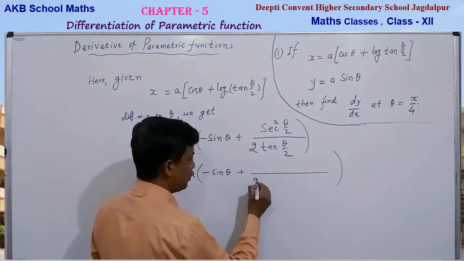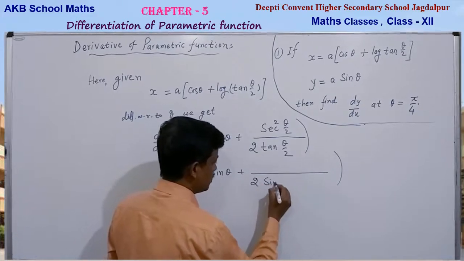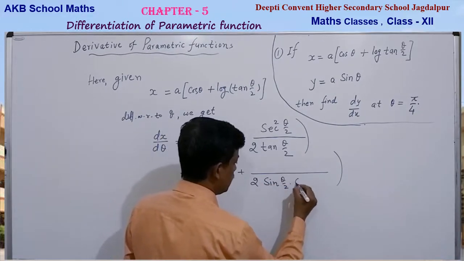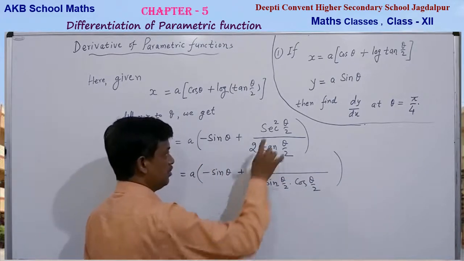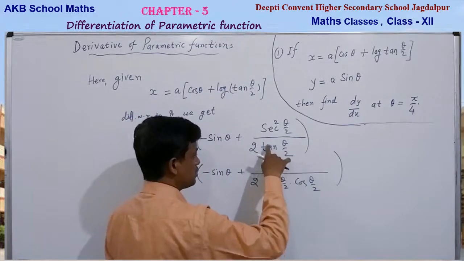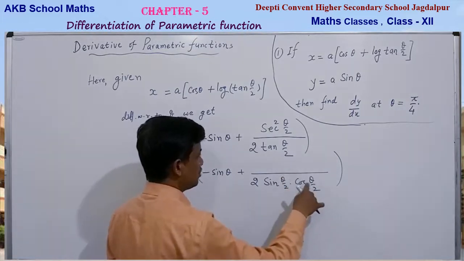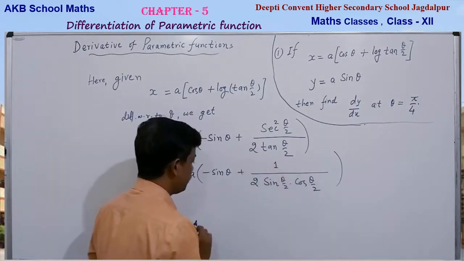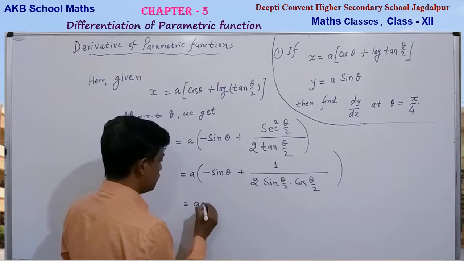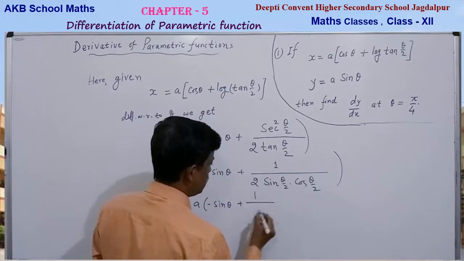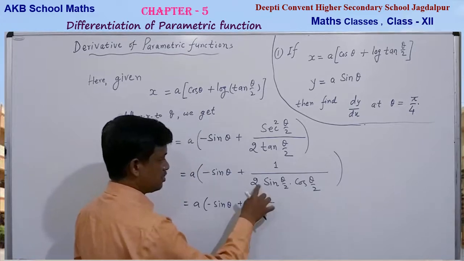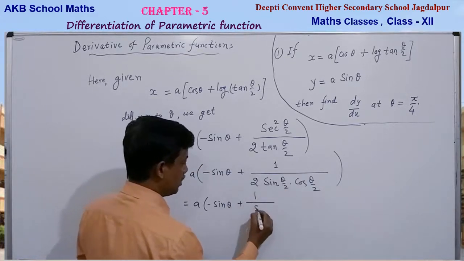So we have sin theta by 2 and cos theta by 2. So simplifying this, minus sin theta plus 1 upon 2 sin theta by 2 cos theta by 2, which means sin theta.